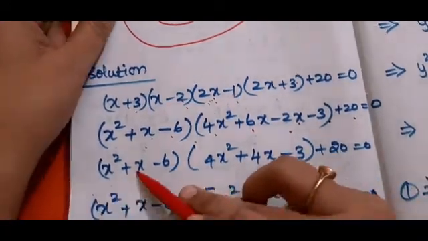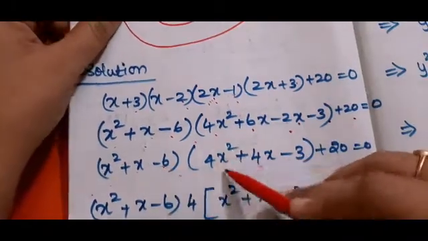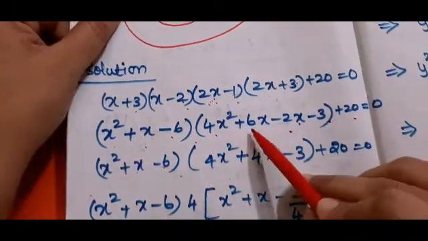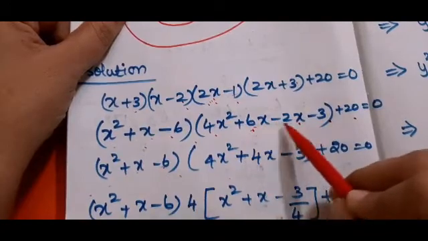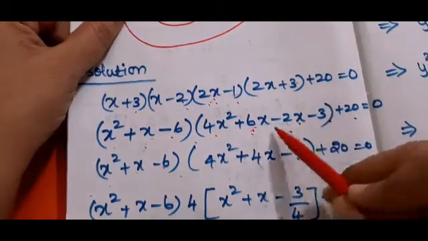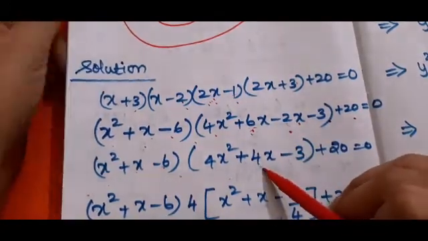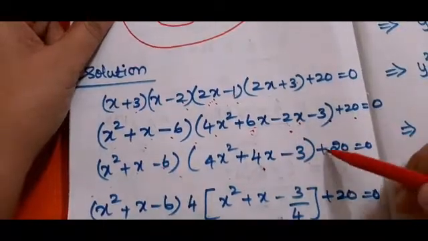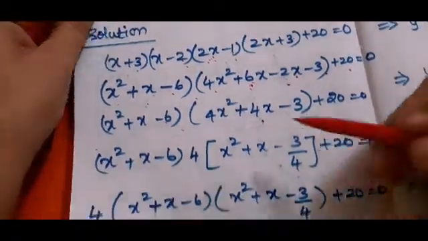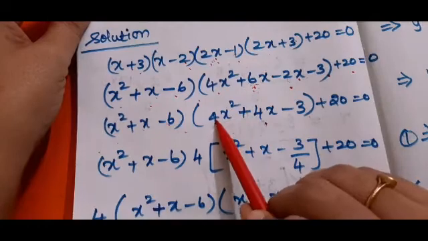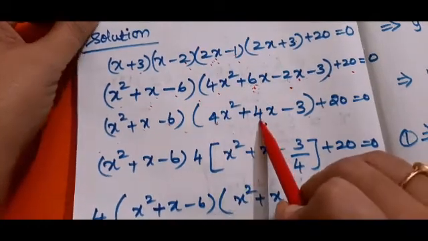So, x square plus x minus 6 into 4x square, if you add these two things, 6x minus 2x means you will get plus 4x, minus 3 plus 20 is equal to 0.